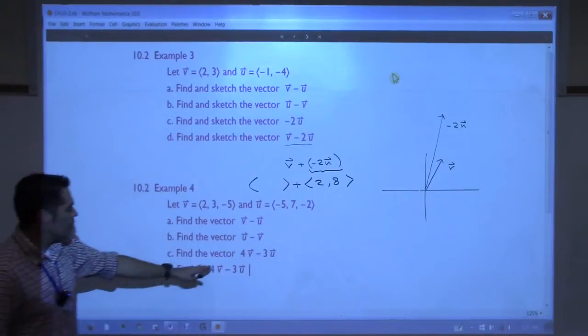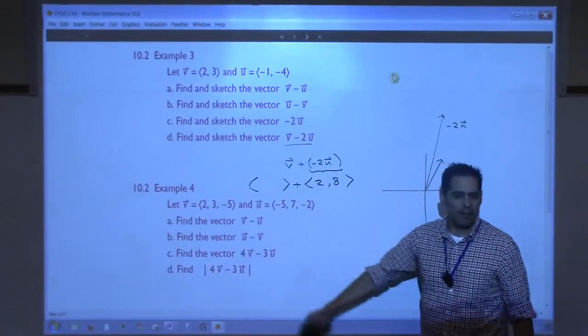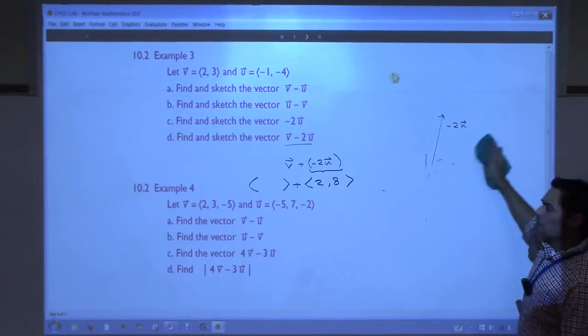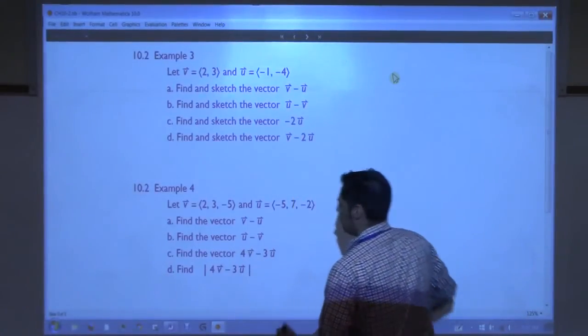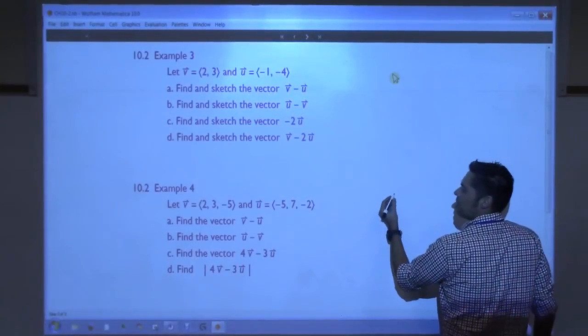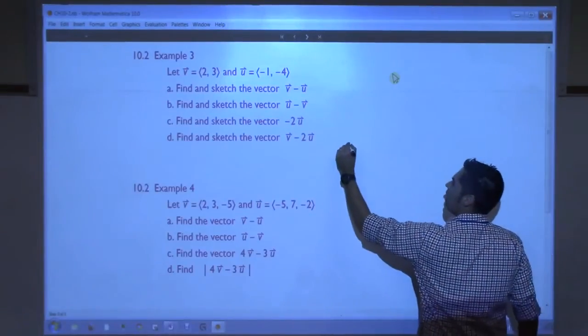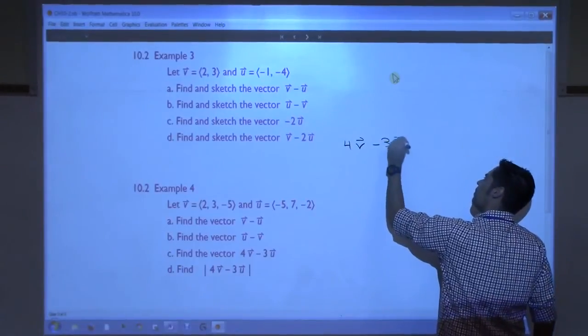We're going to find 4v minus 3u, and then we're going to find its magnitude, because we haven't found the magnitude of a vector yet, have we? No, we have not. Let's find 4v minus 3u.